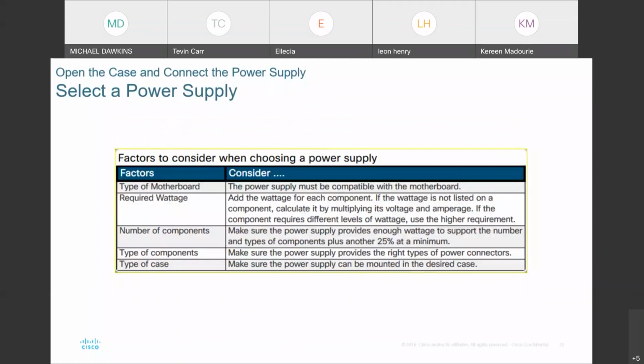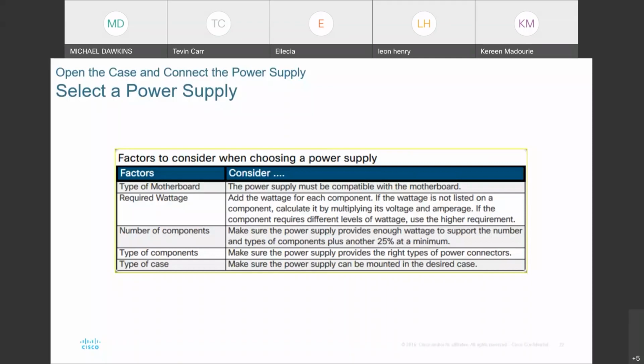You talk about the required wattage. Each computer component uses a different amount of power, and when you talk about power, you talk about watts. If the wattage is not listed on the component, calculate it by multiplying its voltage and amperage.